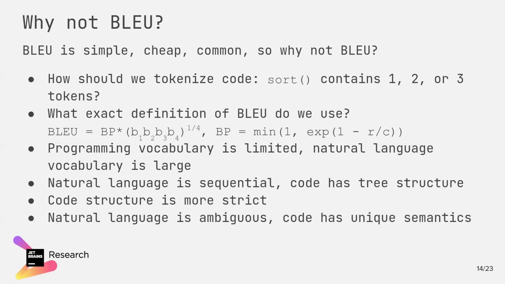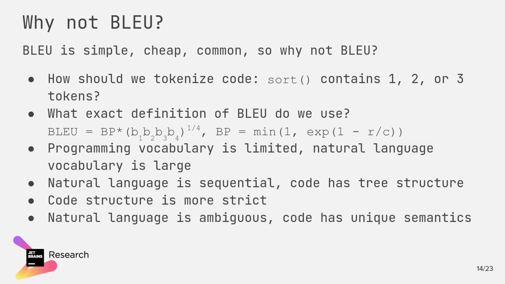But these are technical problems, and even if we resolve them, there are still conceptual problems that are quite significant. First of all, code is different from natural languages. Code uses a small number of keywords together with identifier names and special symbols with particular functions. Like in Kotlin, we have curly braces for the code block inside an if or a for, and in Python, we have a hashtag for commenting out the line and so on.